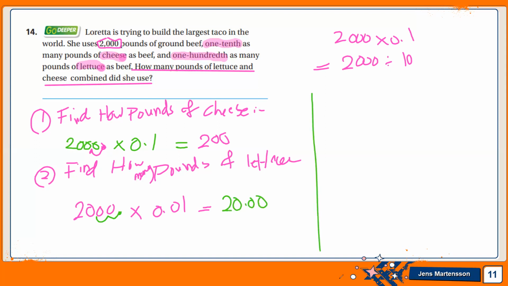Now, what did they ask me to do? They asked me to find how many pounds of lettuce and cheese combined. Lettuce and cheese. So what do you have to do? Do you have to add, subtract, multiply, or what? You add.